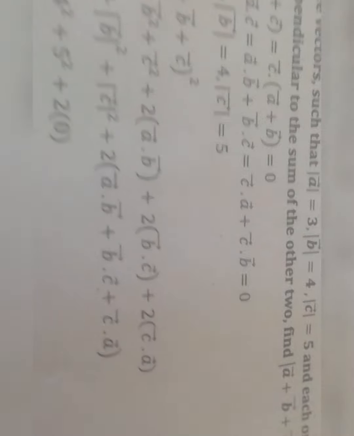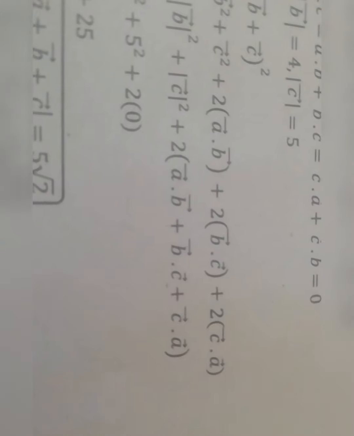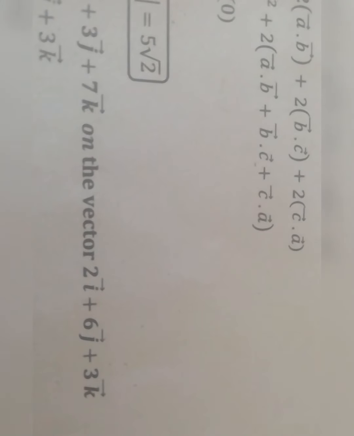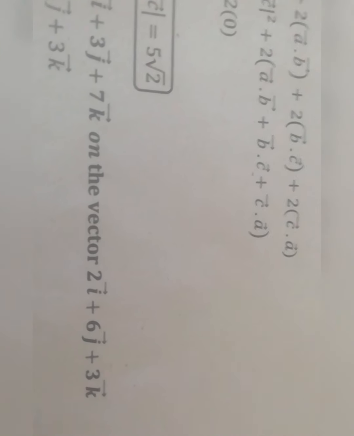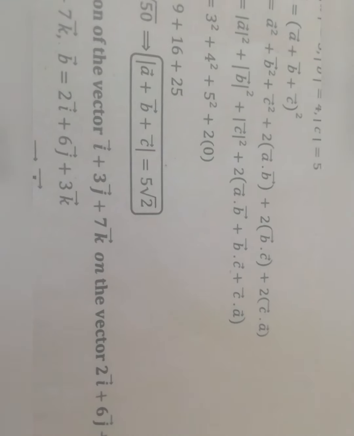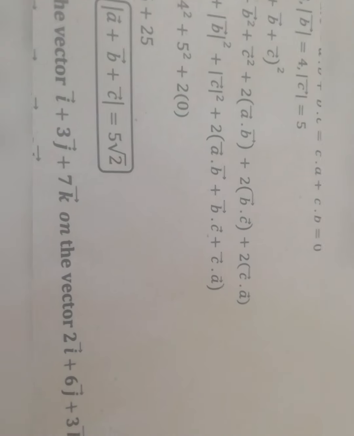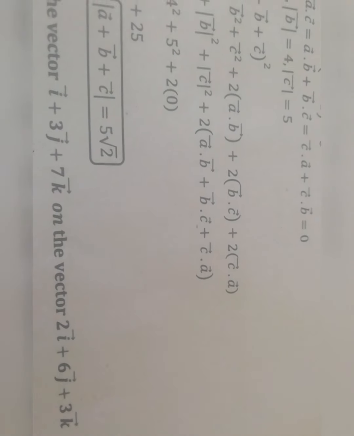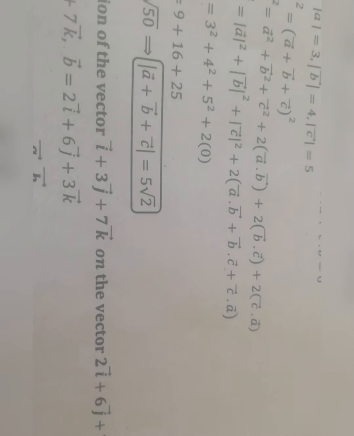A vector square can be written as modulus of A square, so modulus of B square, modulus of C square. We can take 2 common: 2 into (A dot B plus B dot C plus C dot A). If you add this you can get the answer. A dot B plus B dot C plus C dot A equals 0, so you can put 3 square plus 4 square plus 5 square.